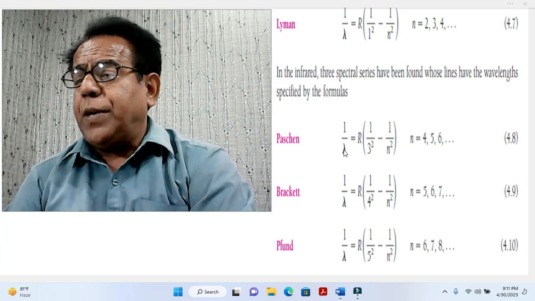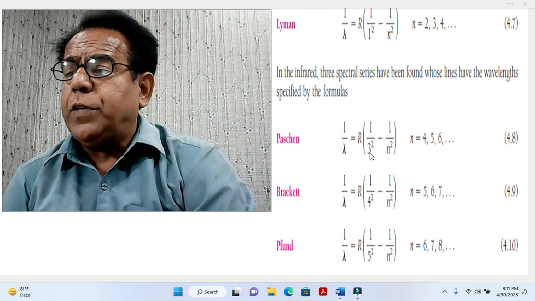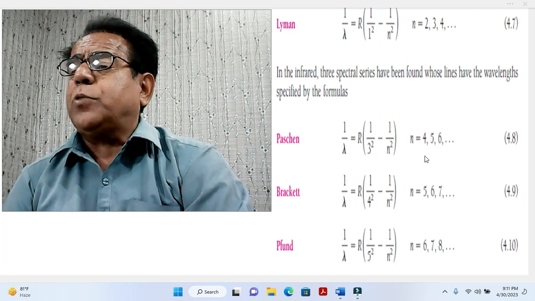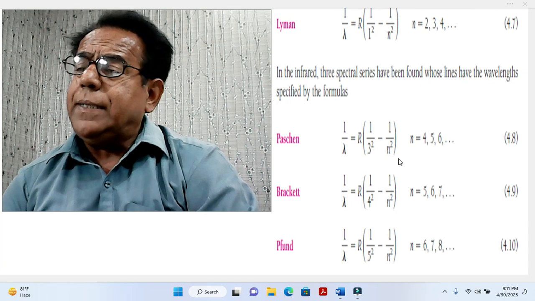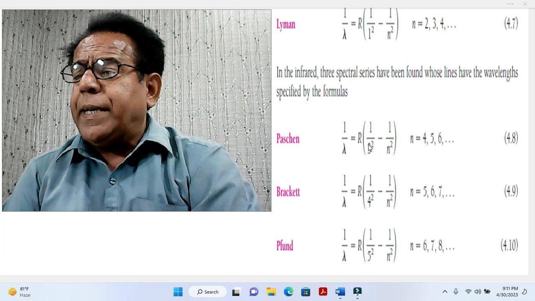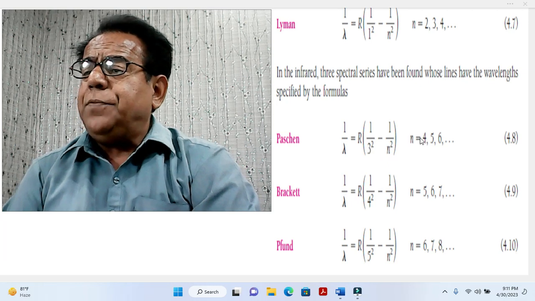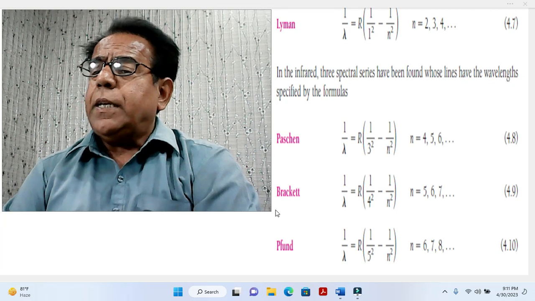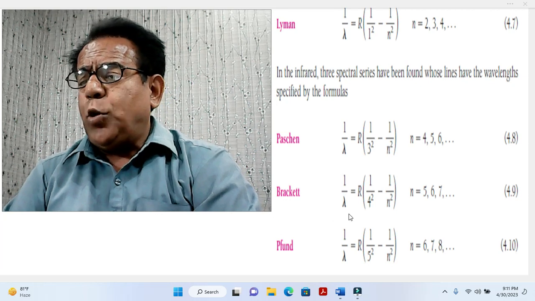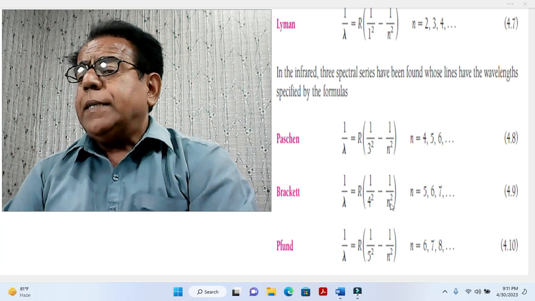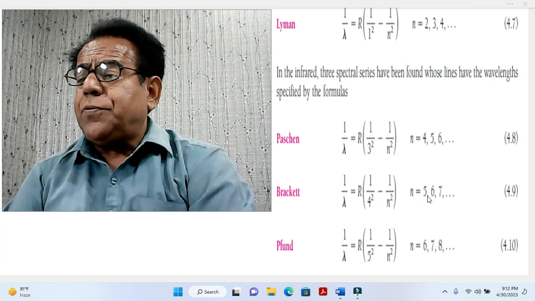Question: 1 over lambda is equal to R times (1 over 3 squared minus 1 over n squared), where n is equal to 4, 5, 6. Okay, the same pattern is going on: the number which comes here, n, begins one step ahead of the number next to it. In the case of Brackett, 1 over lambda is equal to R times (1 over 4 squared minus 1 over n squared), while n starts from 5.